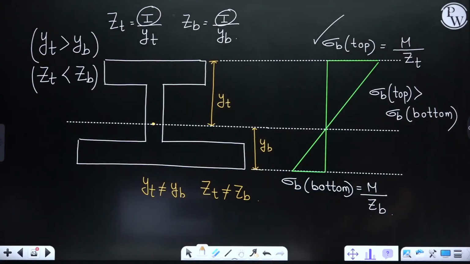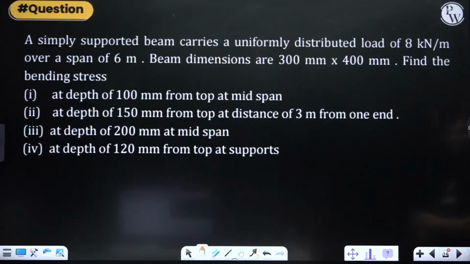Understood? Chalo, let us solve some questions now, right? So enough of theory. Big question, huh? So we'll solve so many questions in one question. Normally we do that. Let us read the question.